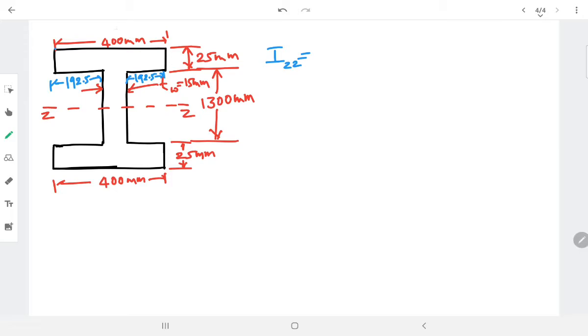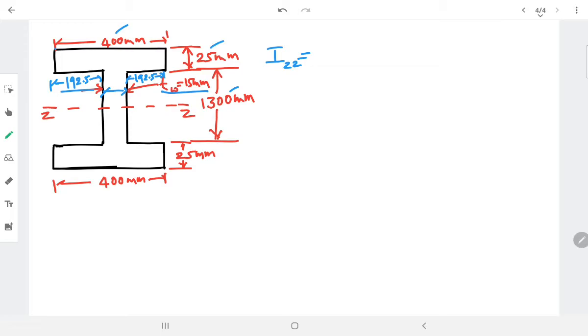You can see here the width of the flange, thickness of the flange, the depth of the web, and the thickness of the web is 15 mm, and this came as 192.5. How it came, I am explaining once again. 400 minus 15 mm is the thickness, so 400 minus 15 divided by 2, you will get 192.5. So 192.5 on either side.